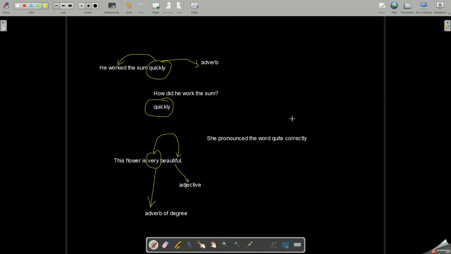So here you can see that there is a verb here. This is the verb. How did she pronounce? She pronounced the word correctly. So here it is answering the question how.